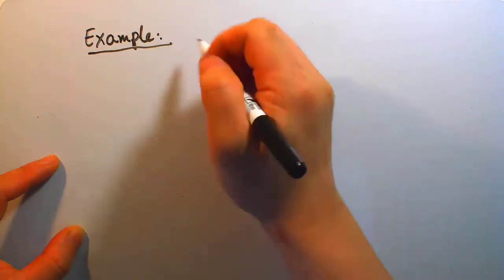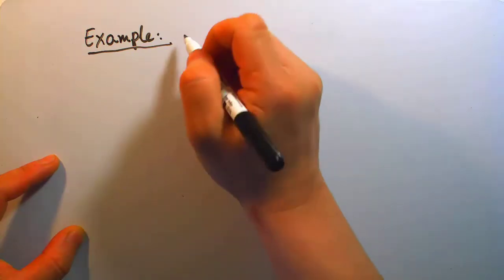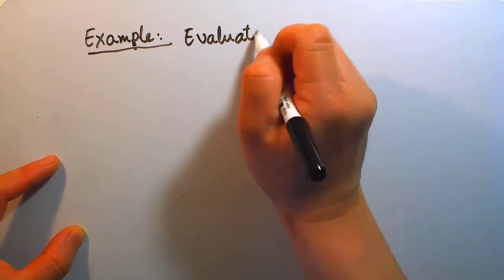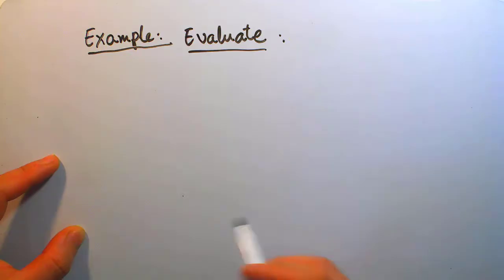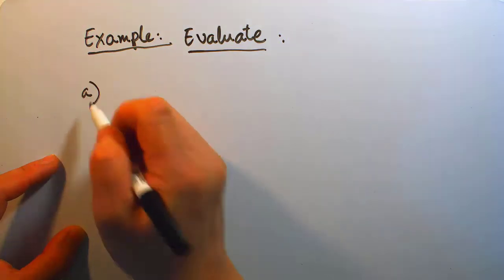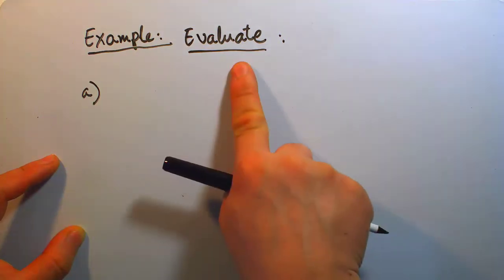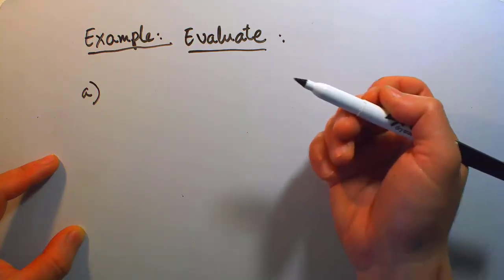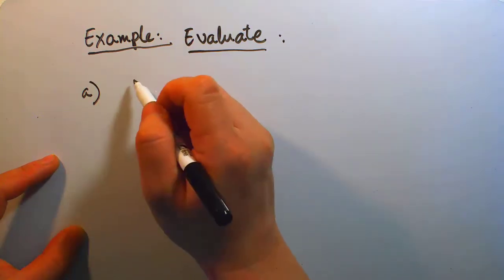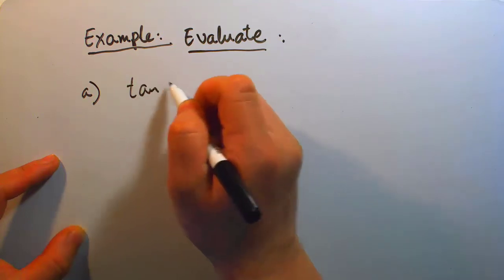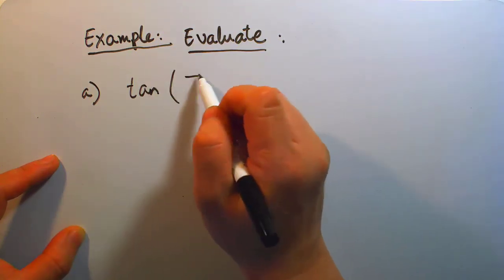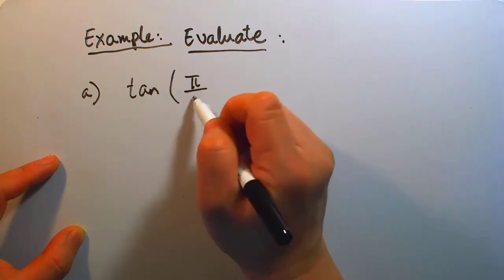Let's say we want to evaluate, and evaluate means we come out with the final output value. So how about tangent of the pi over 3 angle?